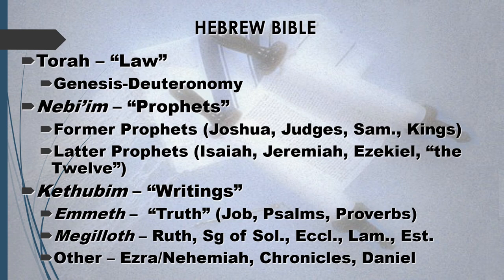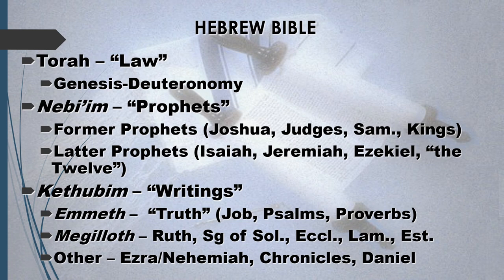And also, they would classify an area after that known as history. And that would include Joshua, Judges, Ruth, 1st and 2nd Samuel, 1st and 2nd Kings, 1st and 2nd Chronicles, Ezra, Nehemiah, and Esther. And they would say that is a history section. That's not the way that the Hebrew classification does.